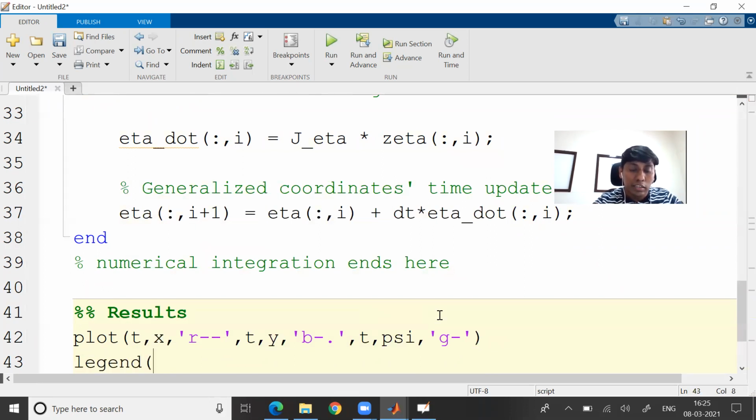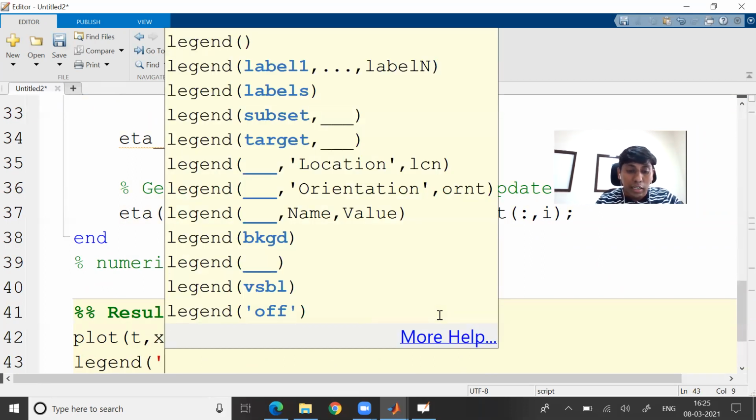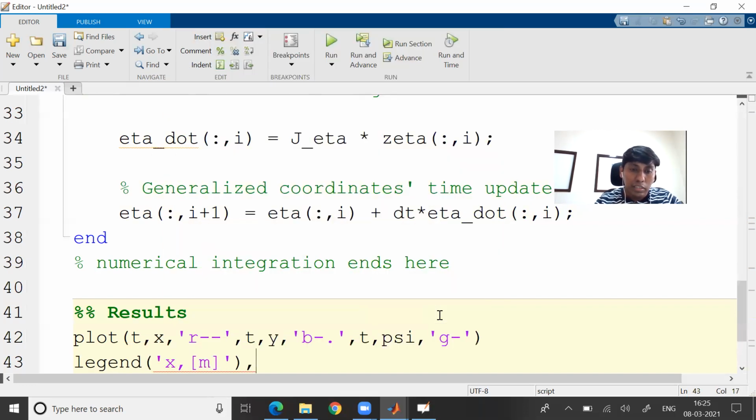Legend means labels. So you can write this is X in meter, Y in meter, we assume that way, and psi in radian.